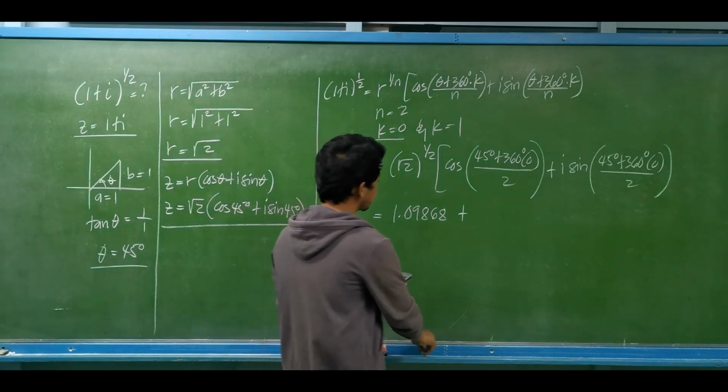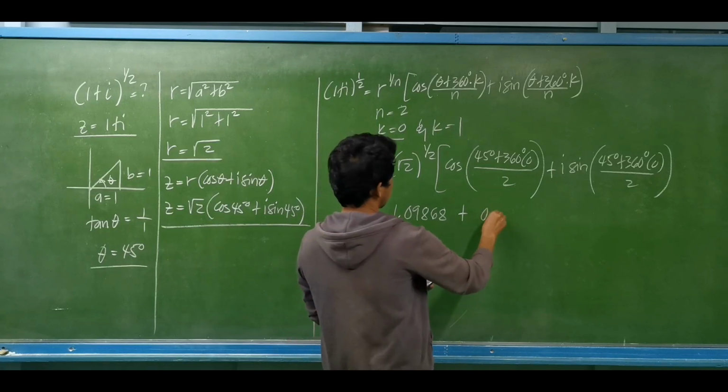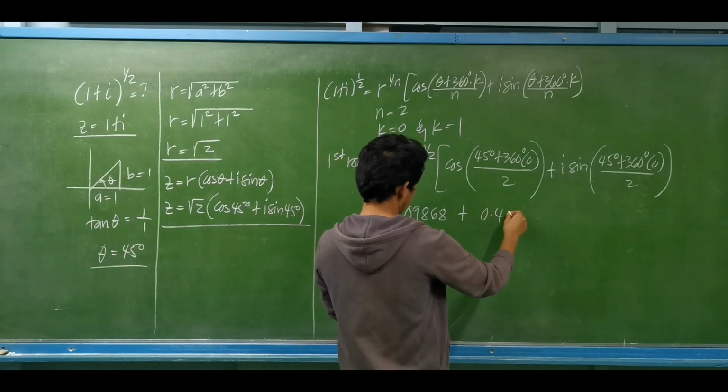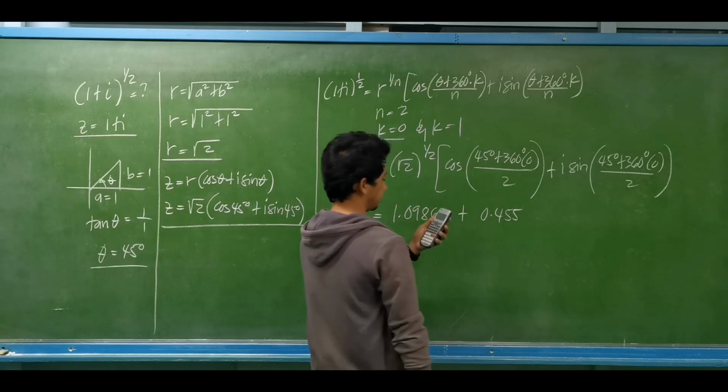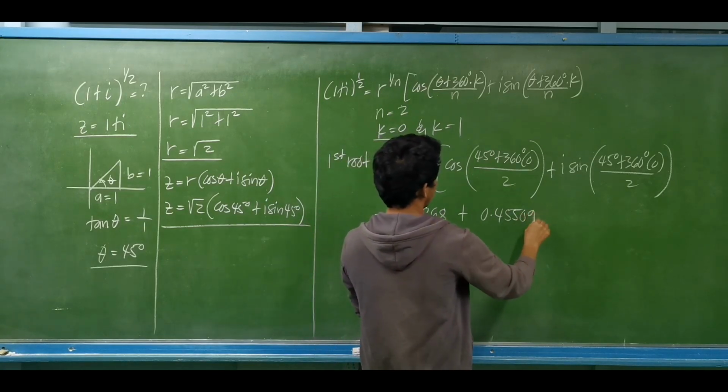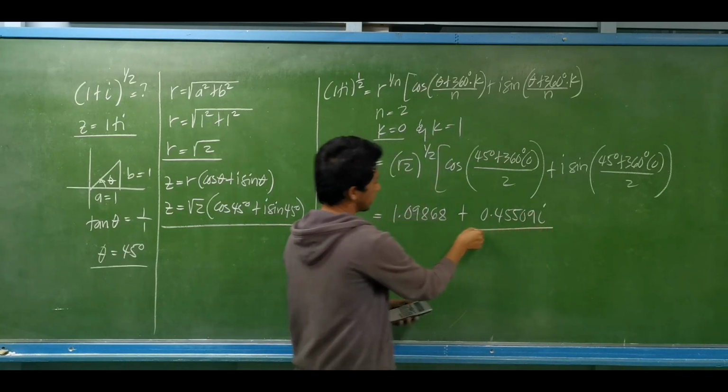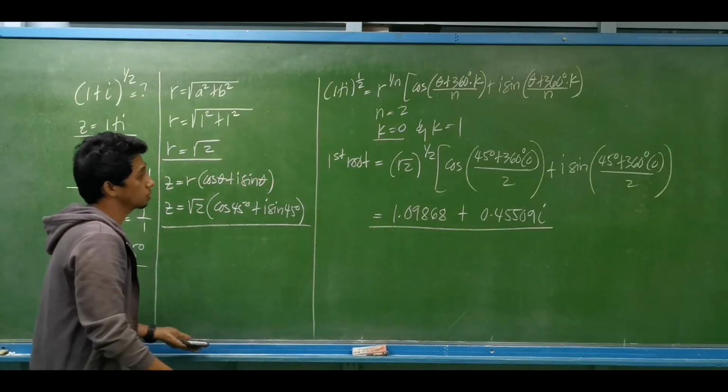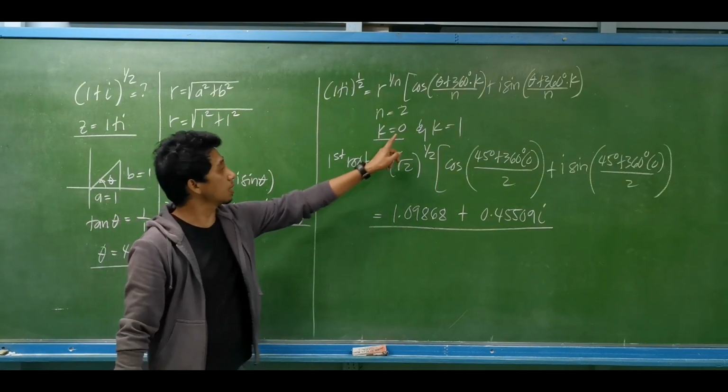So this is 0.45509 i. So this will be the first root. So that is at k is equal to 0.